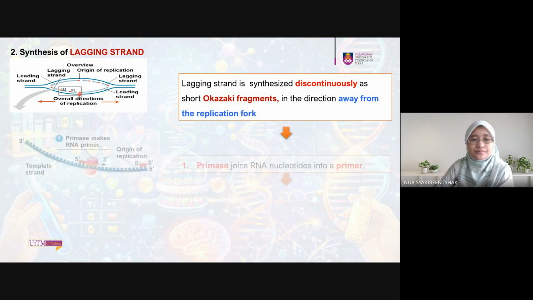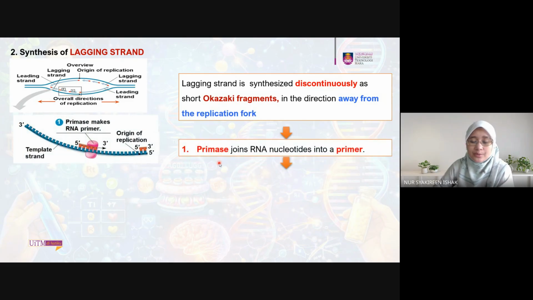So this is the process. The same as the synthesis of the leading strand, the process is initiated through the synthesis of an RNA primer first, which is done by the primase. Primase joins RNA nucleotides to make a primer. So this is the origin of replication.